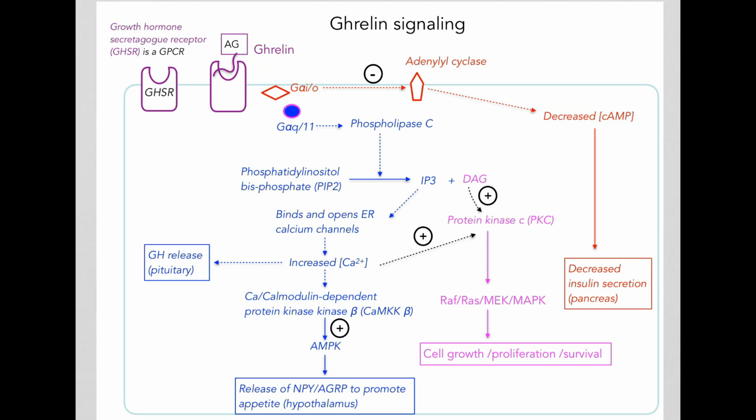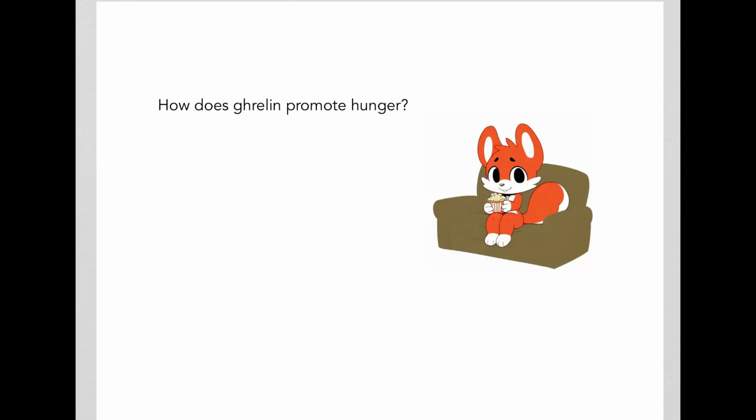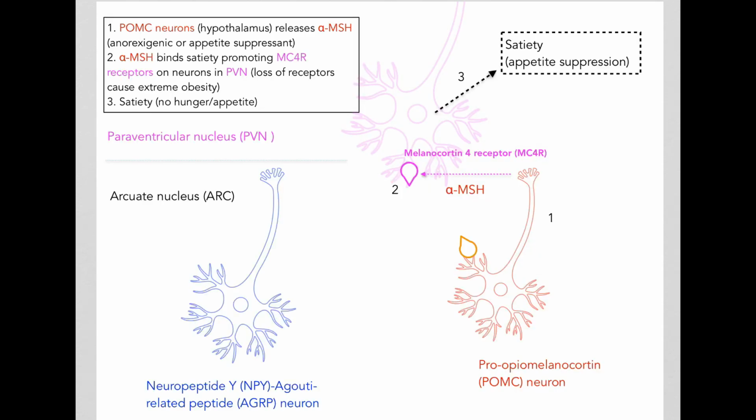So let's see how ghrelin promotes hunger, and then we'll look at how ghrelin stimulates the release of growth hormone. First, how ghrelin promotes hunger. In the arcuate nucleus part of the hypothalamus, we have these neurons called pro-opiomelanocortin neurons or POMC neurons.